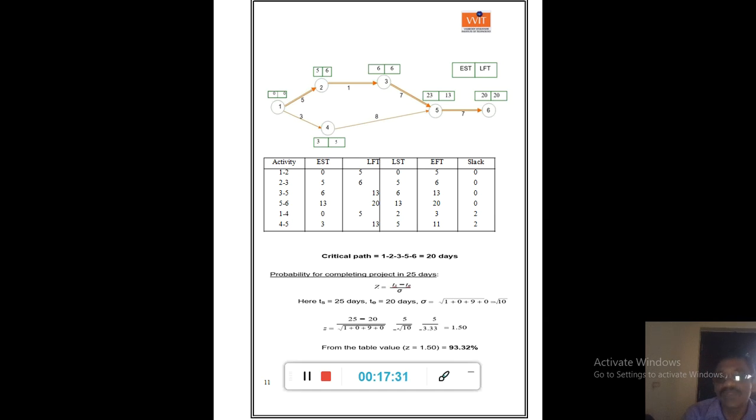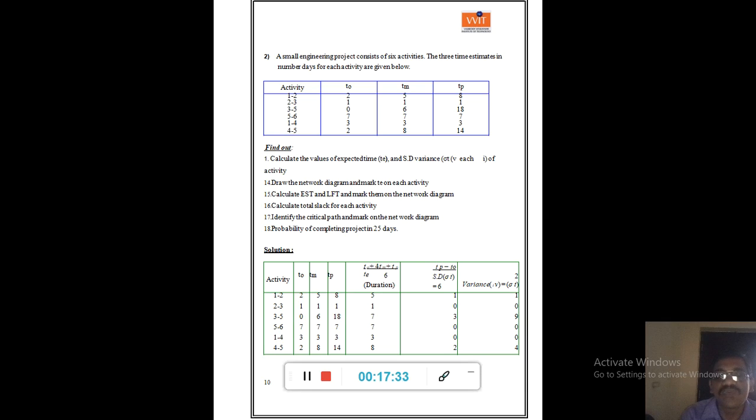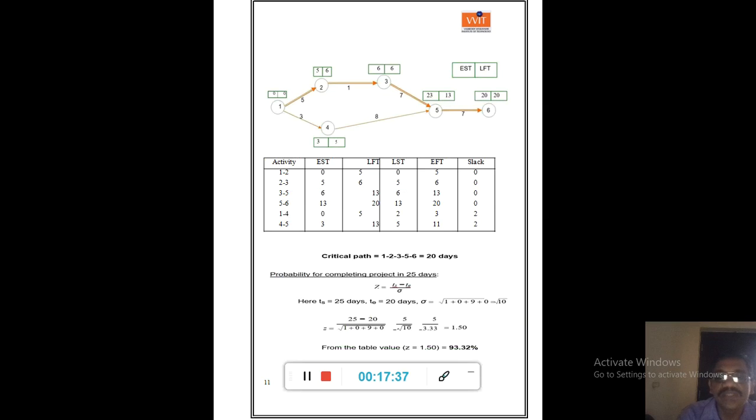If you look at 1 plus 0, how you are getting 1 is the standard deviation. So Ts minus Te by sigma is the formula for Z. Sigma is root 10. 5 by 3.33, that is 1.50.